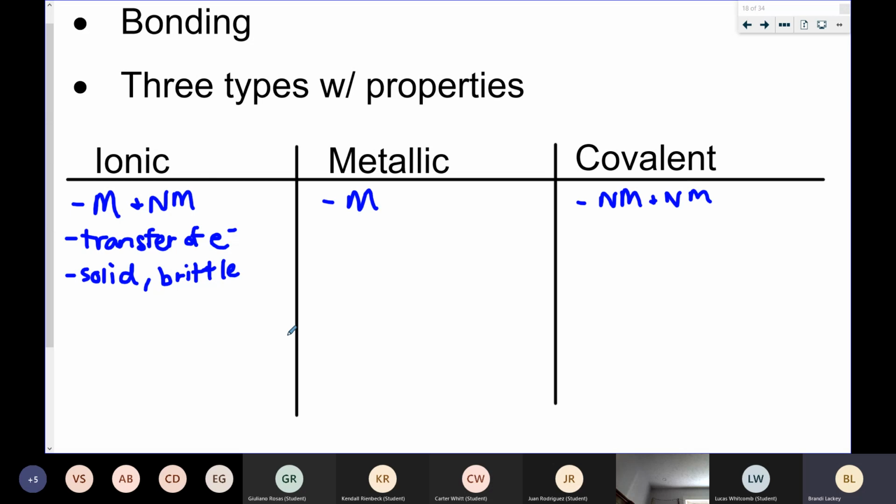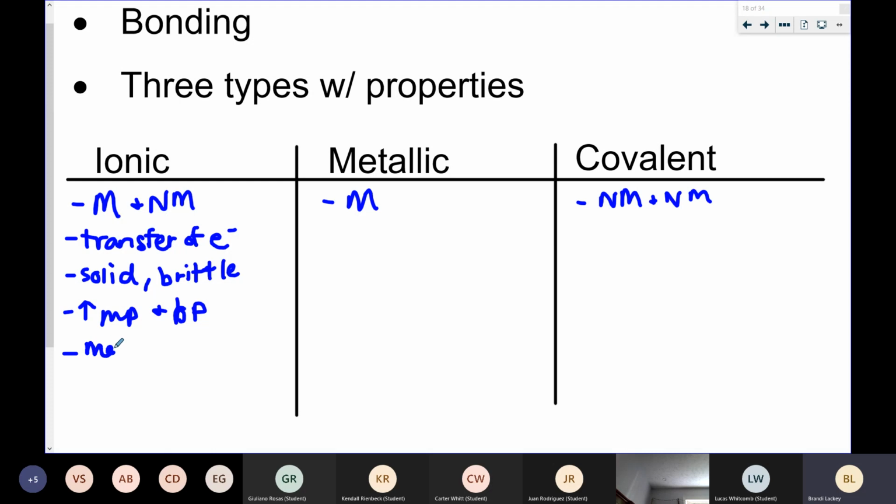So think of table salt. Those little individual tiny crystals are what we're talking about. With ionic substances, they tend to have high melting points and boiling points, which is why they're solid at room temperature. We also talked about ionic when we did reactions and we looked at solubility rules.